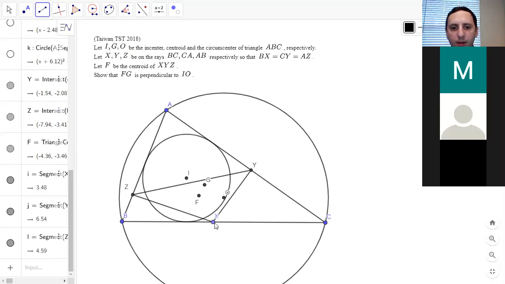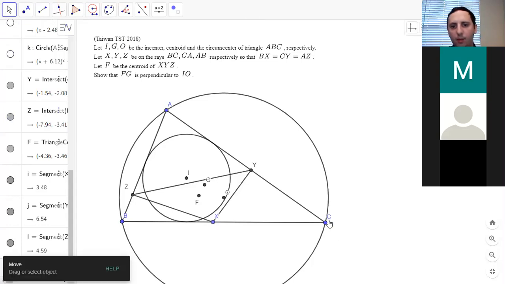Let D and E be on AB and AC so that BD equals CE. Interesting. Maybe that's like a degenerate case of this. So if X is set to be equal, I think that's probably a degenerate case of this, but it could be that it also could be used to prove it.